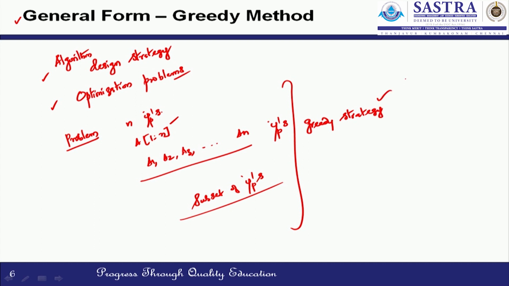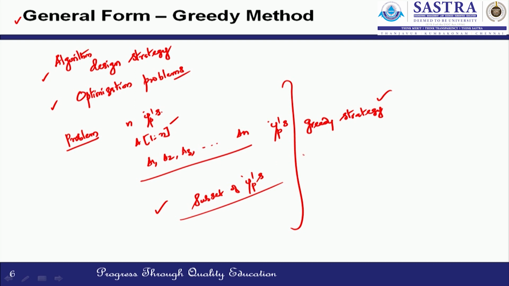So please understand first when the greedy method is applicable: whenever we have an optimization problem in which the solution to the problem can be taken as a subset of inputs of the original problem, then the greedy method is suitable.